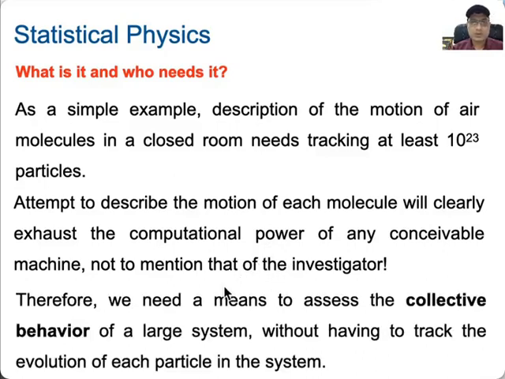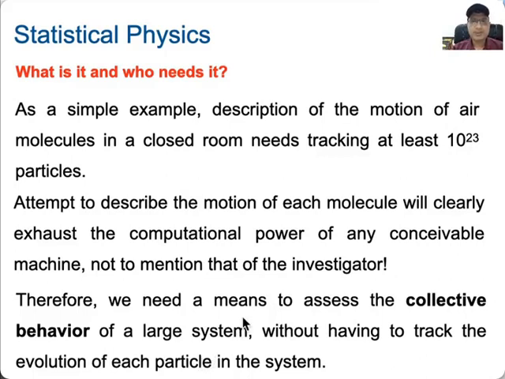Therefore, we need to find an appropriate theory, in a very simple language, which allows us to assess the collective behavior of large systems such as this one, 10 to the power 23 particles in a closed room, without having to track the evolution of each individual particle.